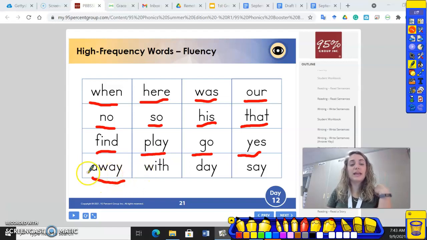That's a tricky one, let's do it again: away. With, day, say.